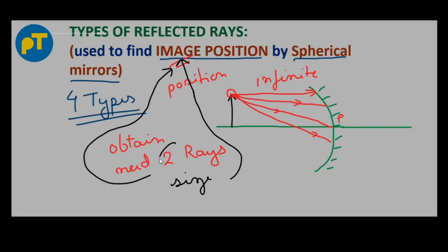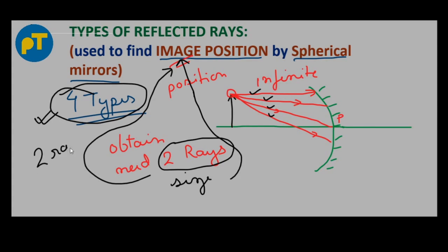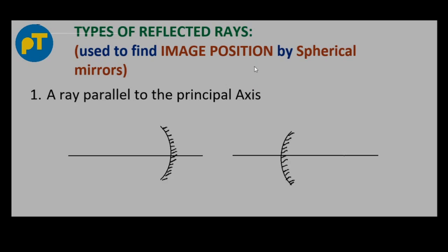So we do not have to take all of these. There are four types of rays, and from amongst these four types, we can use only two rays to identify the size and position of the image. Now let's go ahead with the types of rays.